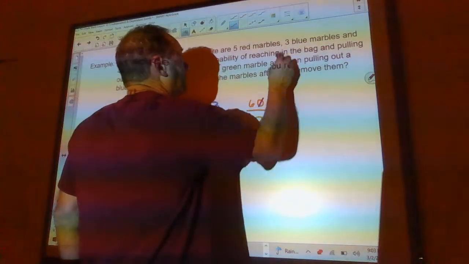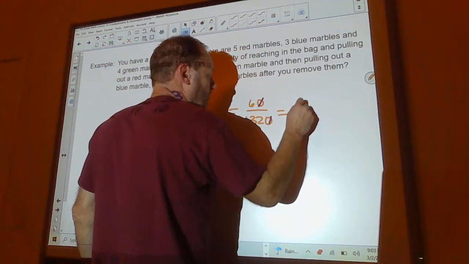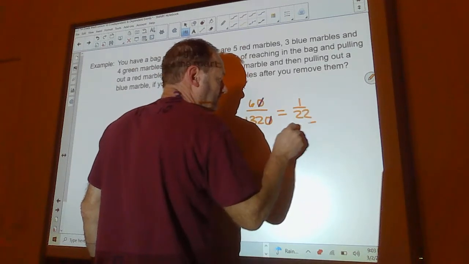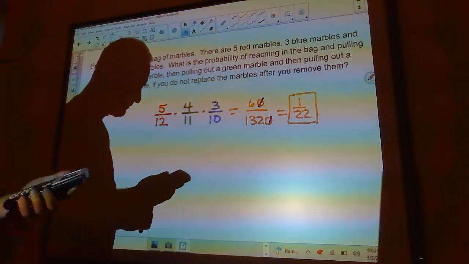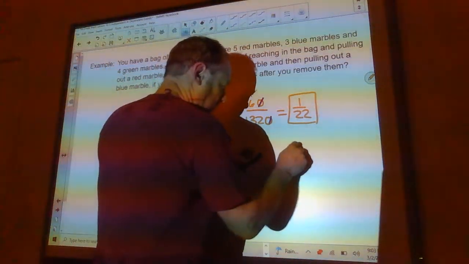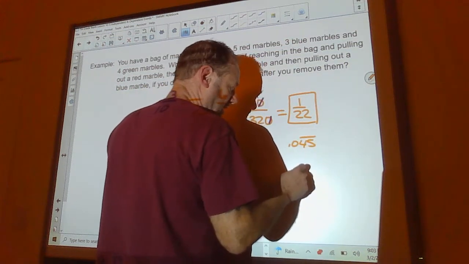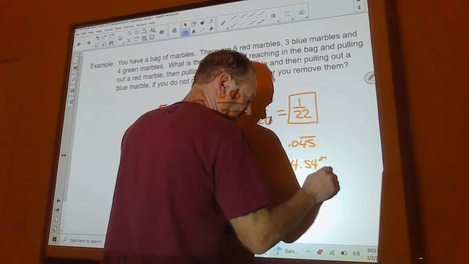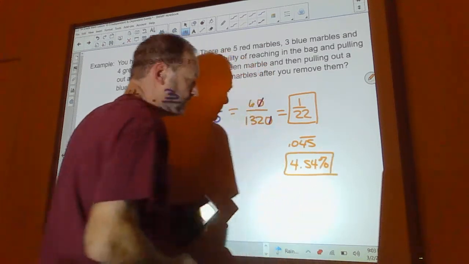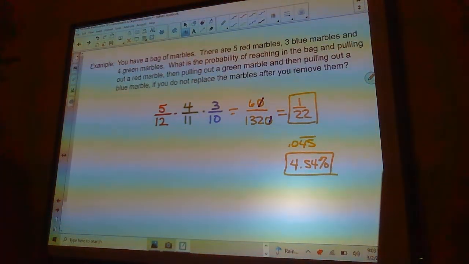So this is going to reduce to 1 in 22. If I wanted a percentage, 1 divided by 22 would be about 0.045, which would be 4.54%. What fun, huh?